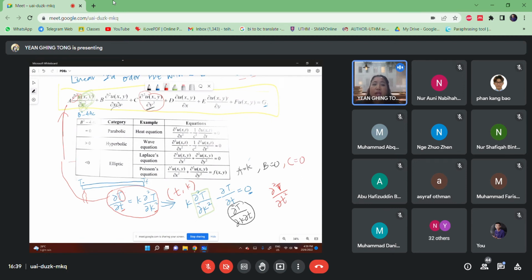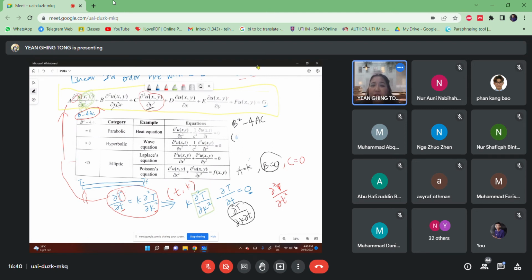So saya akan guna formula this one. B square minus 4AC. Okay, so B tadi adalah 0. Tak ada kan? 0. Alamak, sorry lah. Saya punya tulisan kucar-kacir. 0.